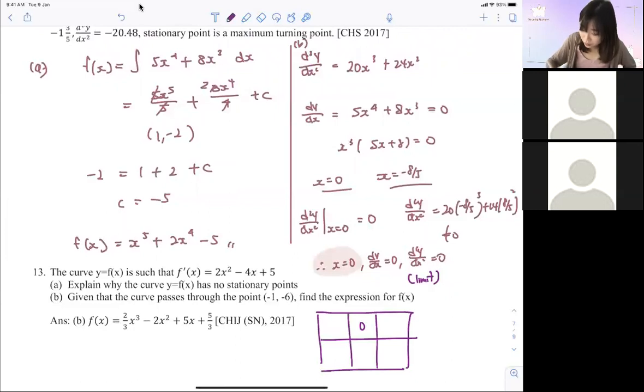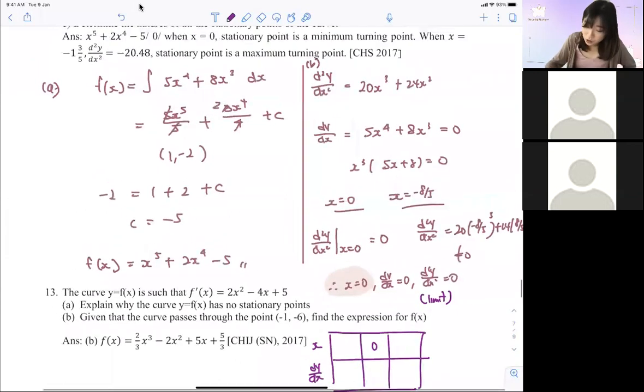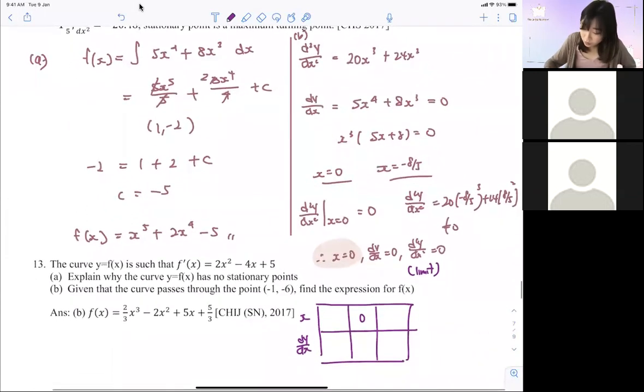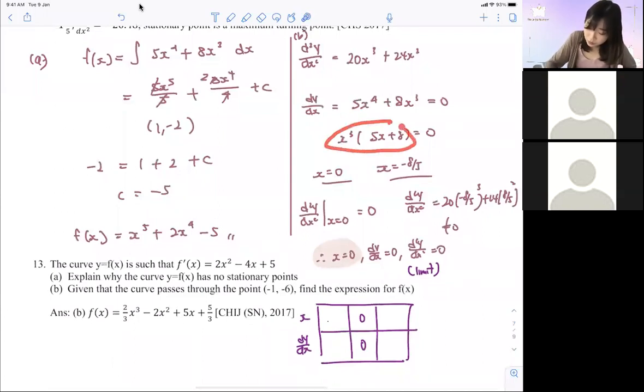So this is 0, x and dy/dx. Okay, so you know x is 0, dy/dx is 0. This is your dy/dx, right? So put something smaller, put something bigger, and see what you get.